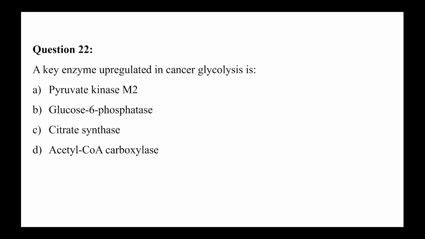Moving to the next question now. A key enzyme upregulated in cancer glycolysis is: option A, pyruvate kinase M2; option B, glucose 6 phosphate; option C, citrate synthase; option D, acetyl coenzyme A carboxylase. A key enzyme that is upregulated in cancer glycolysis is. Do you know the answer?